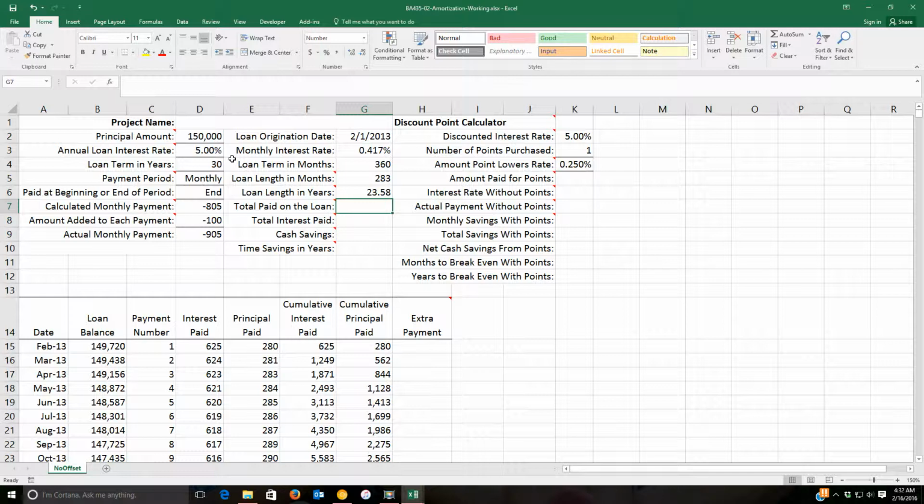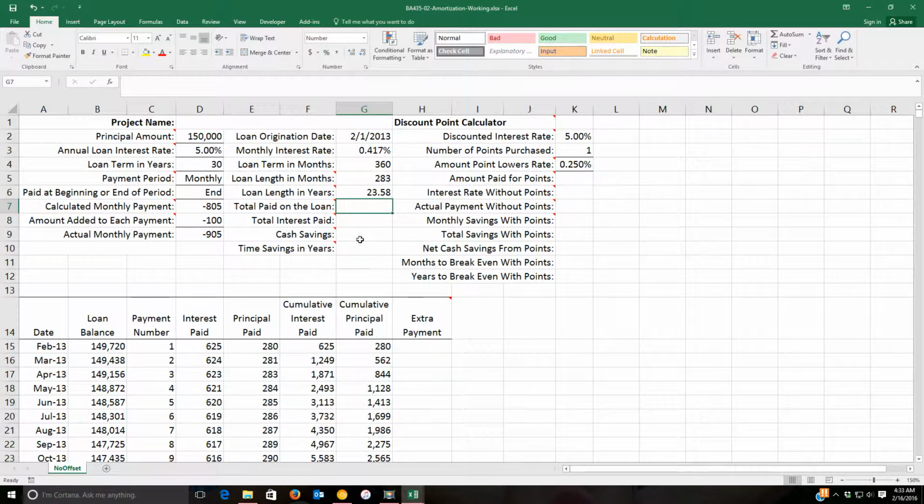The total amount paid on the loan, what we can do is do this a couple of ways. We have cumulative principal paid, cumulative interest paid. So we could take the max of this column and add it to the max of this column, or we could take the sum of this column and add it to the sum of that column. Either way.